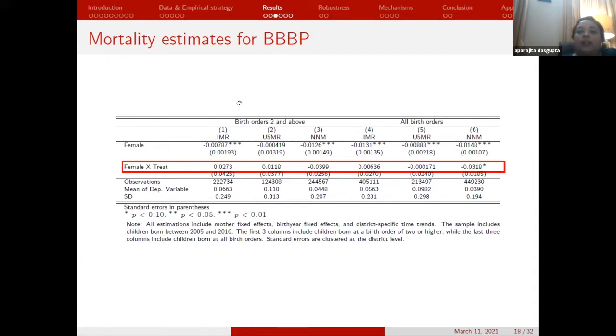Looking at this interaction, we find that neonatal mortality actually goes down. This is significant at the 10% level for all birth orders. So the B3P program seems to reduce neonatal mortality, and seems to help with health outcomes.